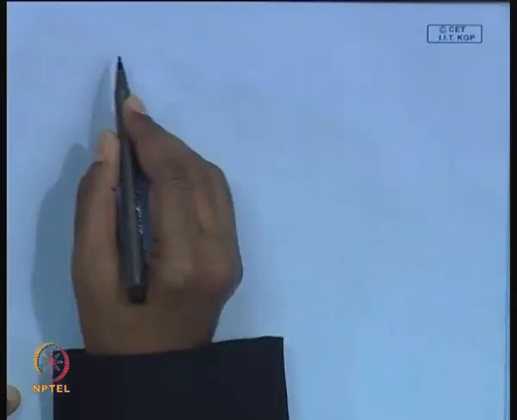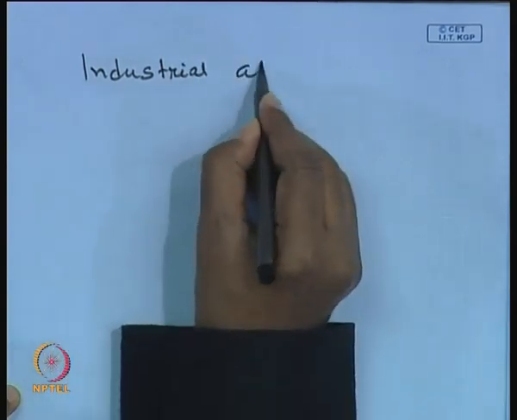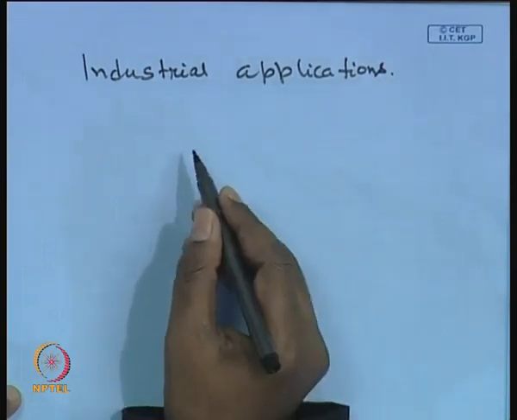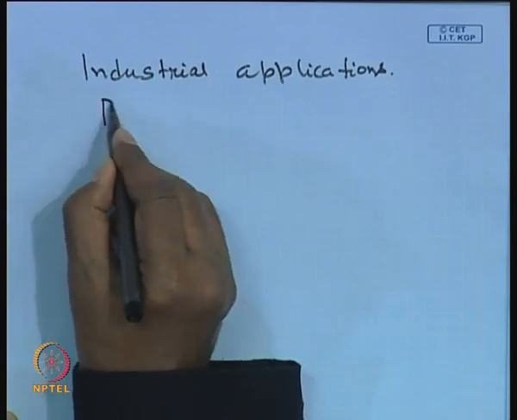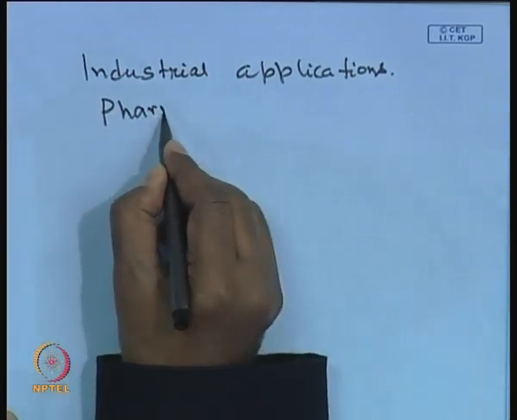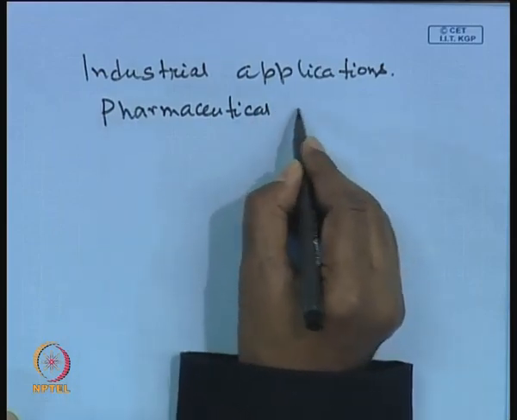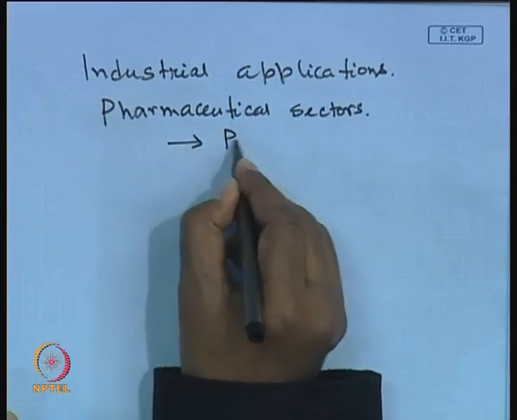Anyway, there are several applications apart from the medical application; there are several other applications of dialysis as well, industrial applications. Most of these industrial applications are in pharmaceutical sectors, such as purification of proteins.